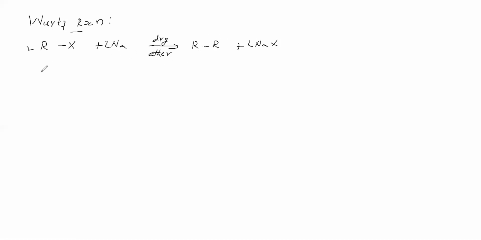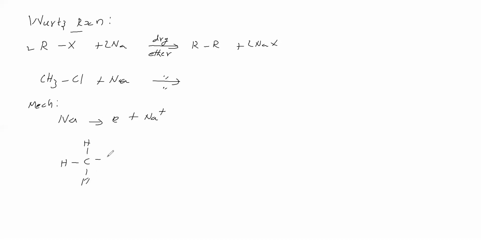It is the Wurtz reaction. Suppose you take methyl chloride with sodium in the presence of dry ether as a solvent. What is the product we will get? Now we will see the mechanism for this. Sodium loses one electron and becomes Na plus. Now we take CH3Cl.